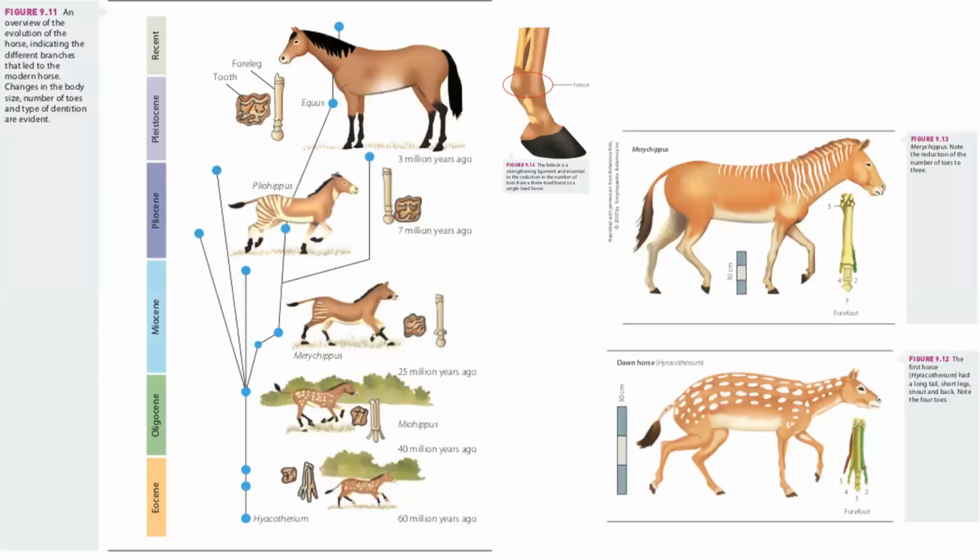Now the horse, again, we want to go back to this because it's a fascinating case study. Hyracotherium, 60 million years ago, in trees. Okay, what happened when we had forests? It was a very moist environment.